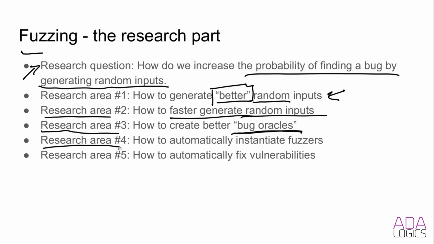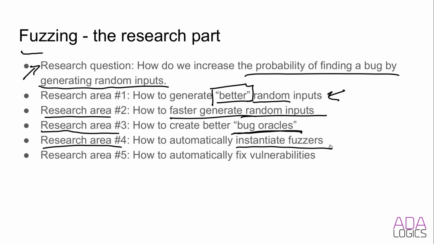Another research area is how can we automatically instantiate fuzzers. When you're doing fuzzing, you will often find that you have to write some type of code that will connect your fuzzer with the target application you are analyzing. This connection code, the code that bridges the fuzzing engine with your target code, often has to be done by hand.